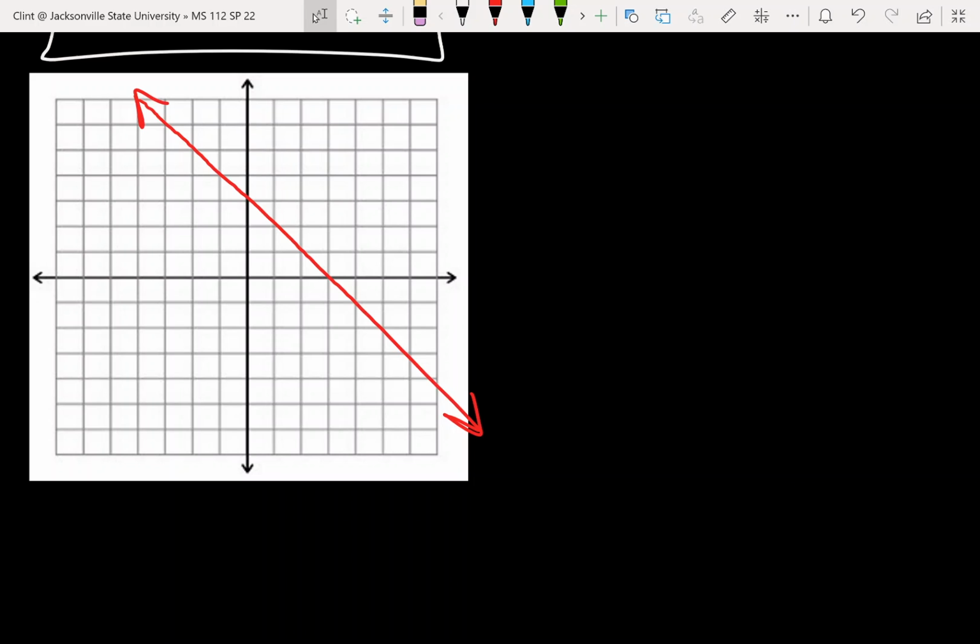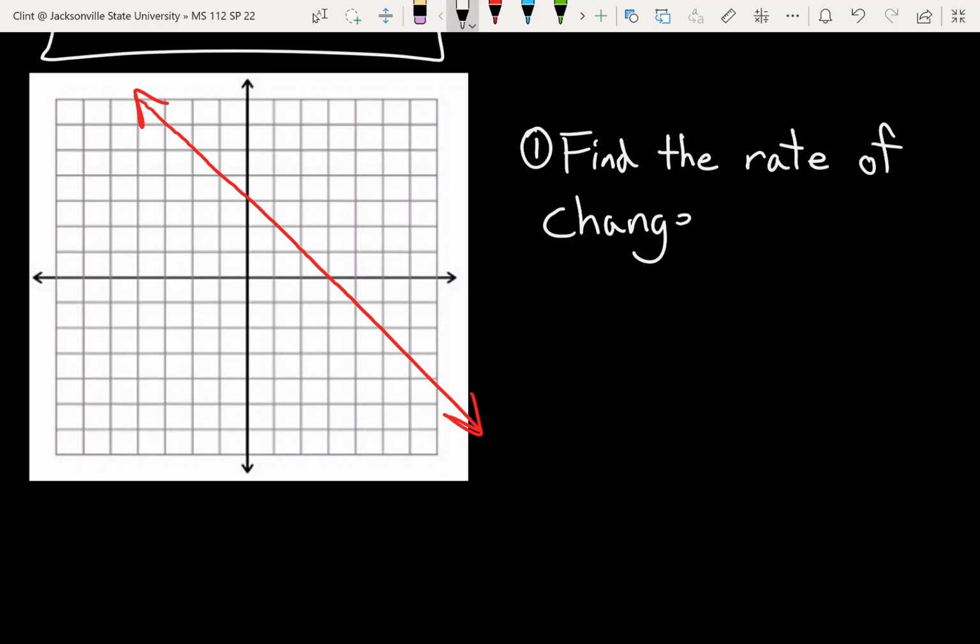One thing you might ask us is to find the rate of change. Just remember that's the same thing as the slope.